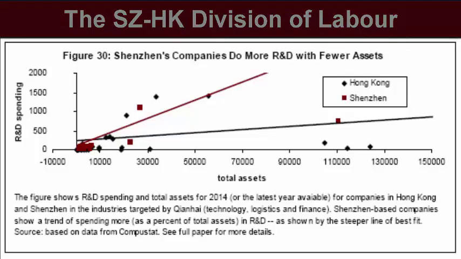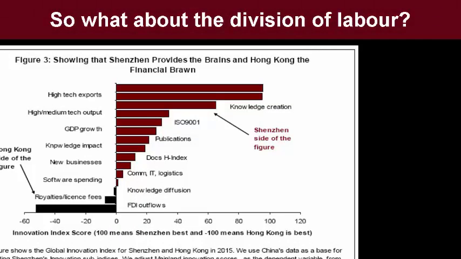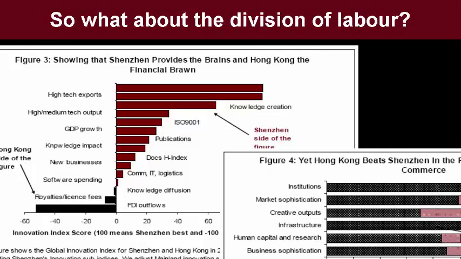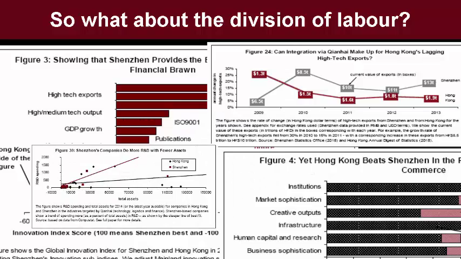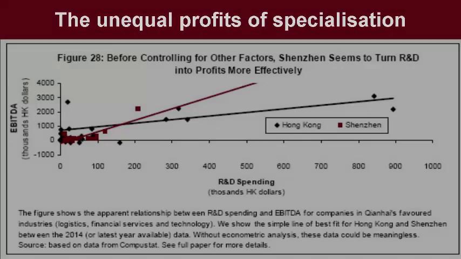So looking at the overall picture portrayed in these infographics, one might see Shenzhen as the smart part of the cooperation and Hong Kong as the connected part.